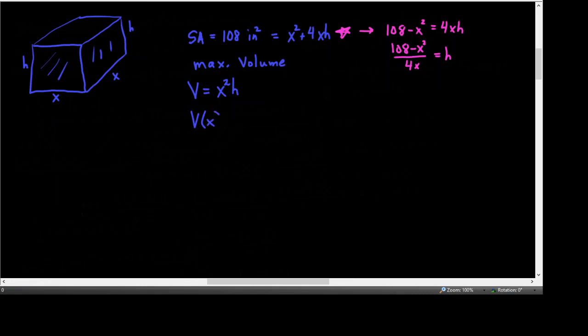And by solving for h, we're replacing h with something in terms of x. So this will now be a function of x. Notice I wrote V of x, now that it's completely in terms of x. So I'm going to take the h out, and in its place substitute (108 minus x squared) all over 4x.